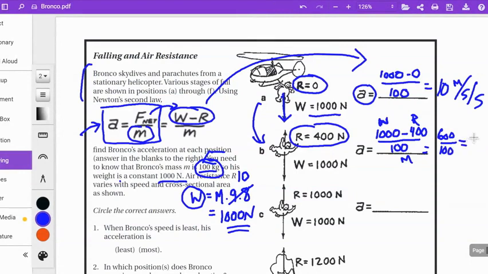So we divide by 100, and that gives an acceleration of 6 meters per second per second. And so there's less acceleration now. That should make sense because air resistance is going to act to give you less and less acceleration because it's taking away from the net force that acts on you.